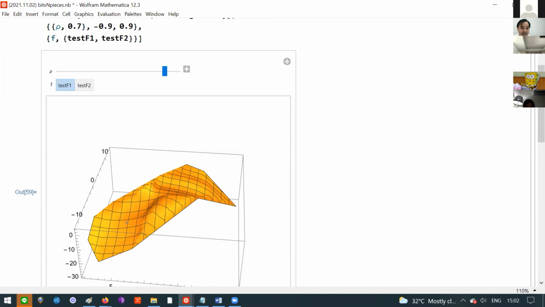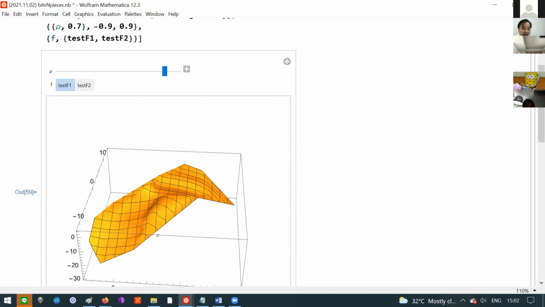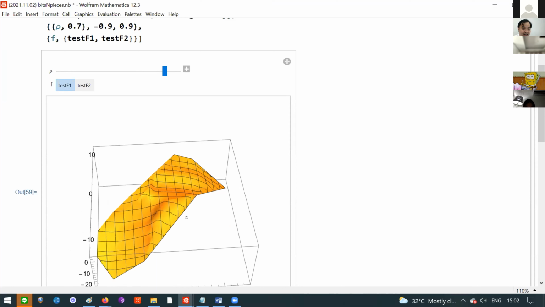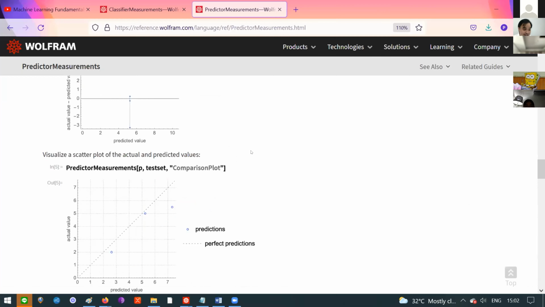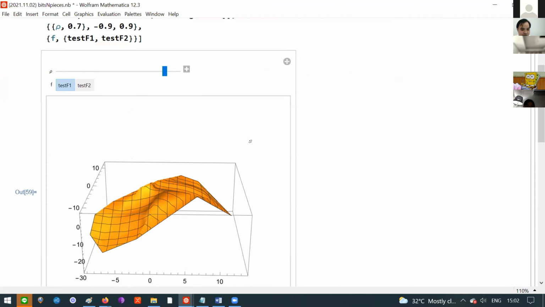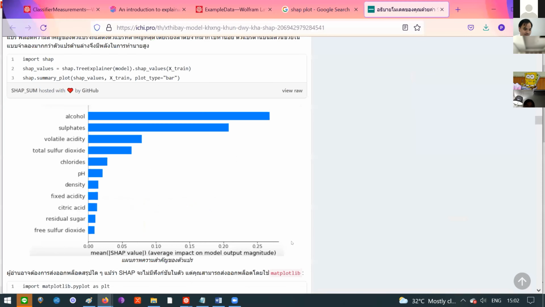Variation in y is due to x1 and x2. To determine how important x1 is, I look at each point and see how it pushes to that value. So that's the SHAP value of x1 for that point. Now I take the average of the absolute value of all the SHAP values. So I get this. Okay.